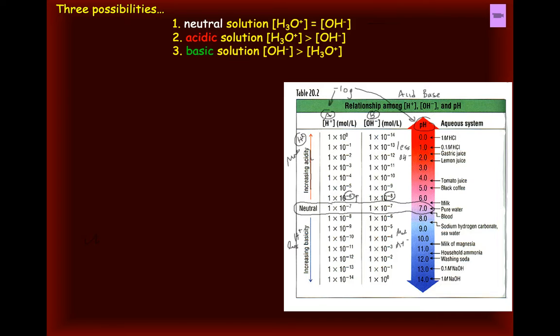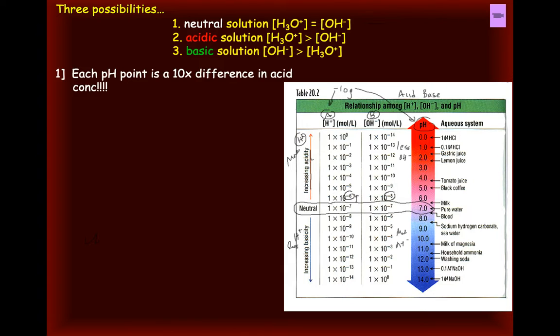Three solutions. So you have a neutral solution, which is the acid equal to the base. You can have an acidic solution, where the acid is greater than the base, or you can have a basic solution where the base is greater than the acid. You can have that way about it too.